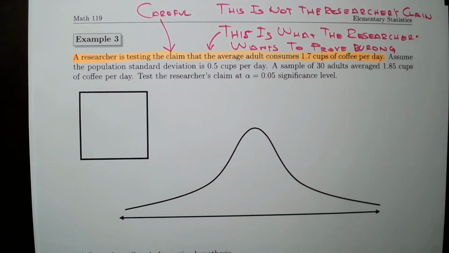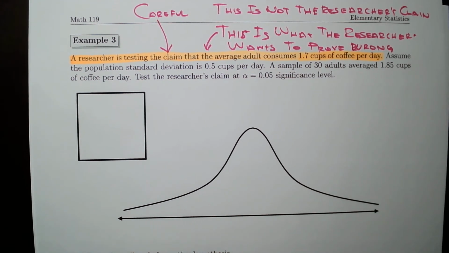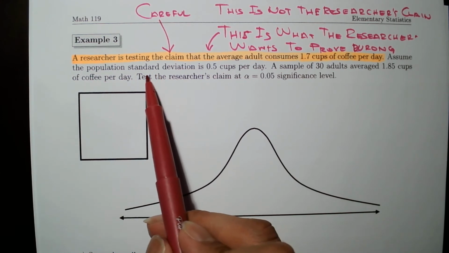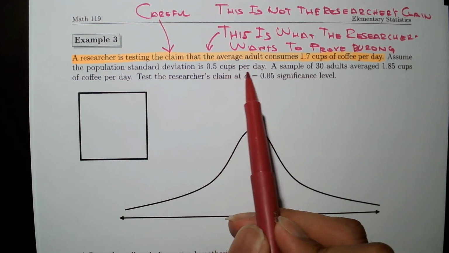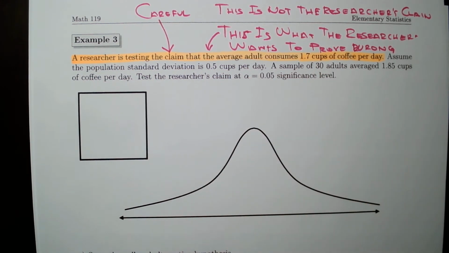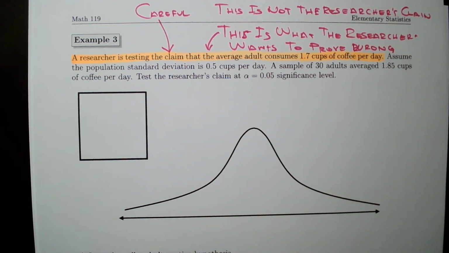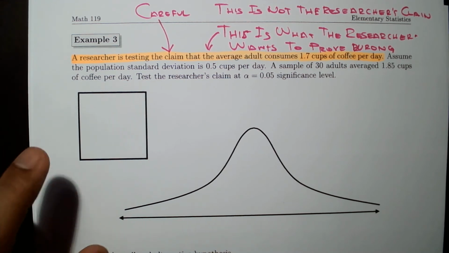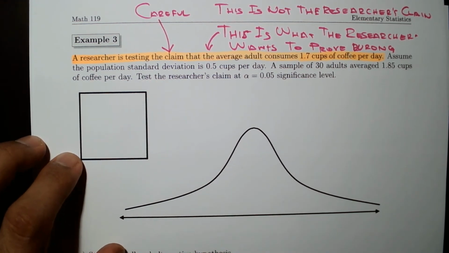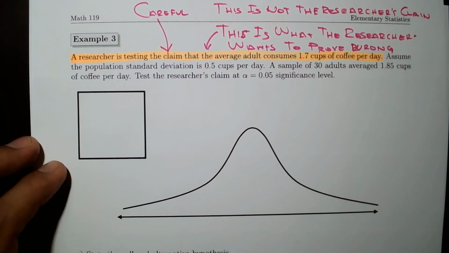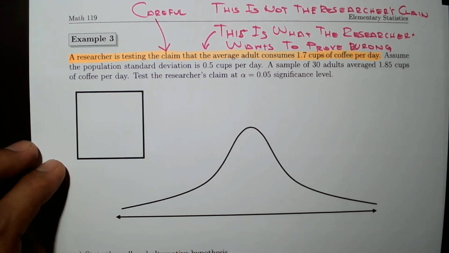Now let's get the rest of the data. We are assuming the population standard deviation is 0.5 cups per day. A sample of 30 adults average 1.85 cups of coffee per day. And test the researcher's claim at alpha 0.05 significance level.